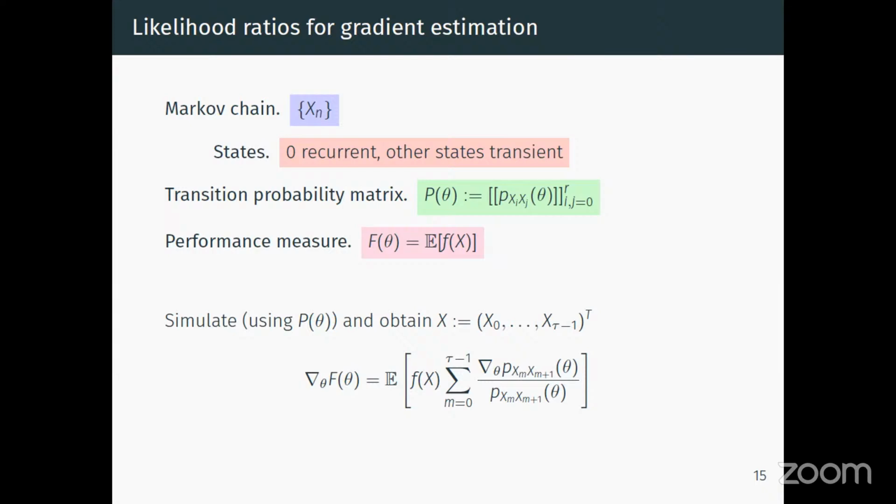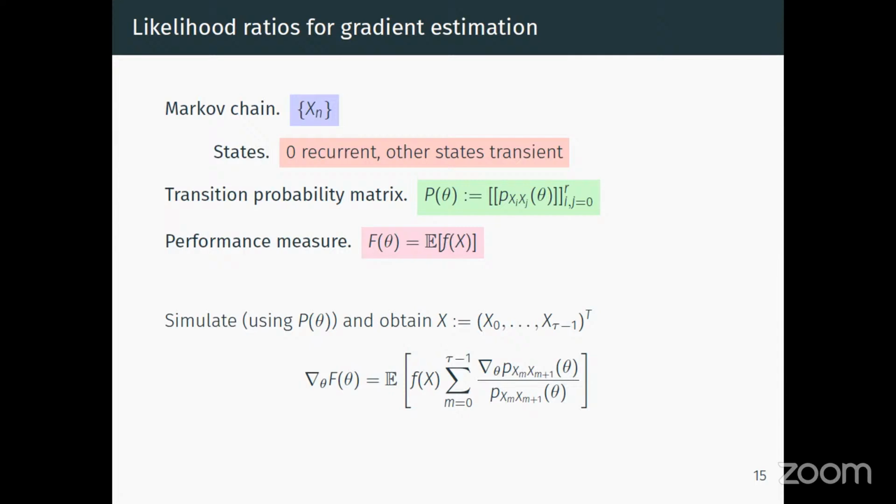Imagine the chain is such that with positive probability you hit this starting anywhere. Then you can estimate the gradient of this performance measure like this. You can replace this expectation by a sample average with multiple sample paths all ending in 0, and calculate this quantity on each one. Okay, so that's the likelihood ratio method.